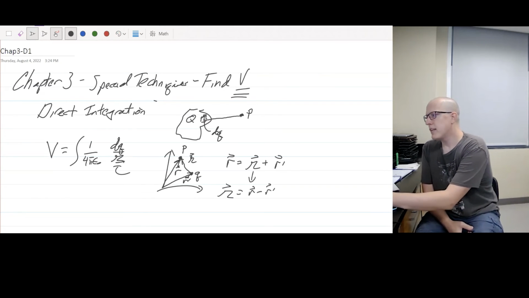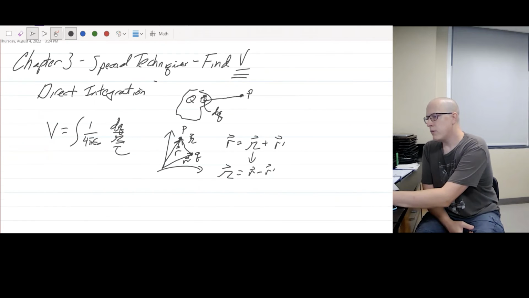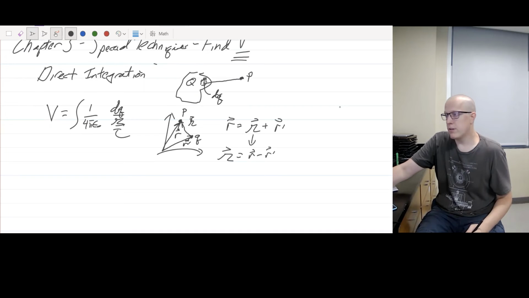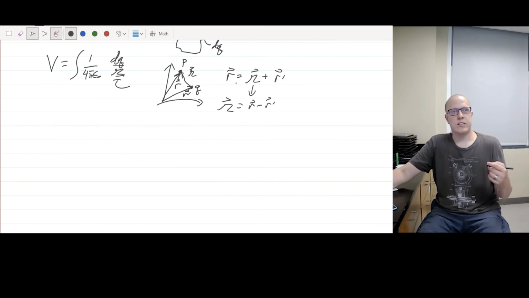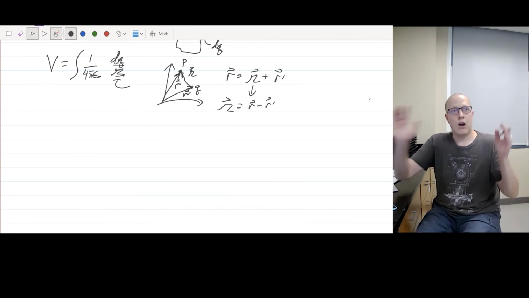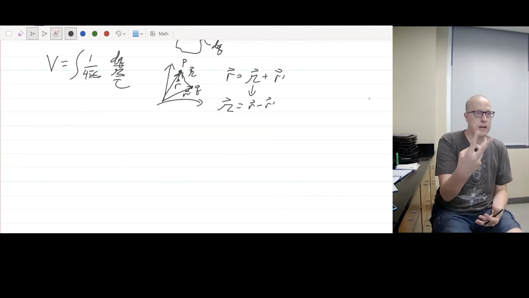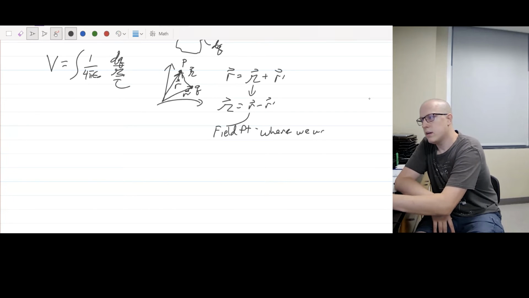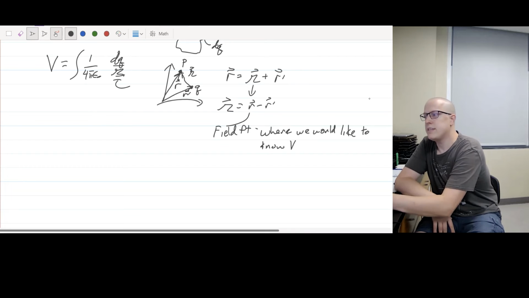And so the reason I'm bringing that back up is because when you're doing direct integration for this sort of thing, and even when we're dealing with point charges, sometimes it's a lot easier to use R and R prime. It's a lot easier to use two vectors than just the one, because R is what we call the field point, and that is where we would like to know, in this case, the potential.